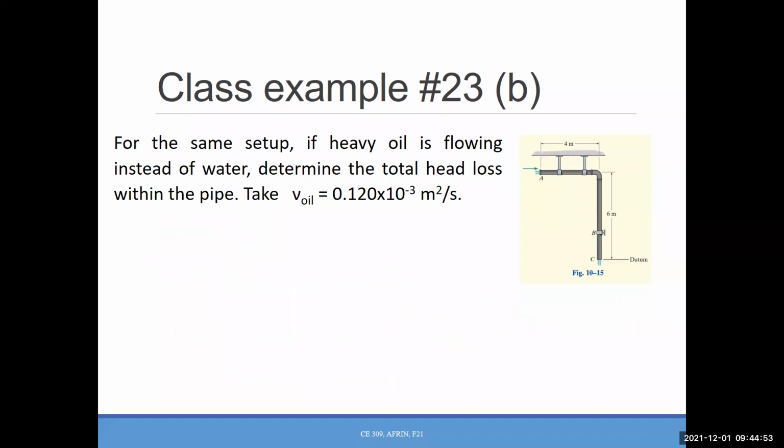So for laminar flow, friction factor is 64 over 1083.